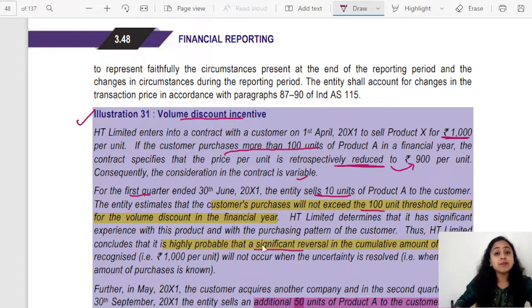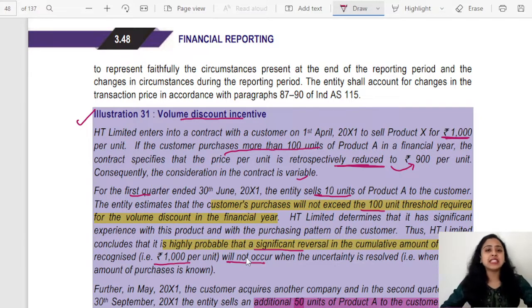Further, it has been backed up by one important statement. Read it carefully. I will also tell you the significance of it. HT Limited determines that it has significant experience with this product and with the purchasing pattern of the customer. Thus, HT Limited concludes that it is highly probable that a significant reversal in the cumulative amount of revenue recognized of rupees 1000 will not occur.